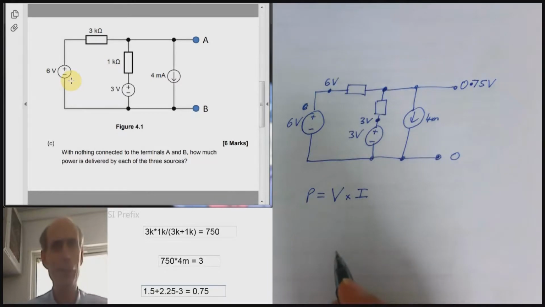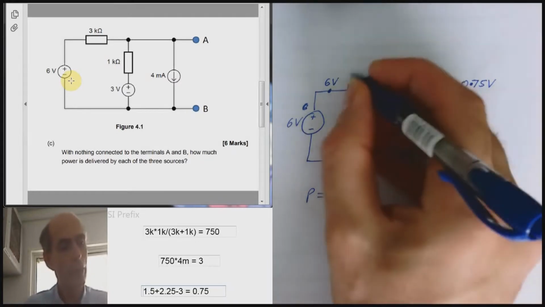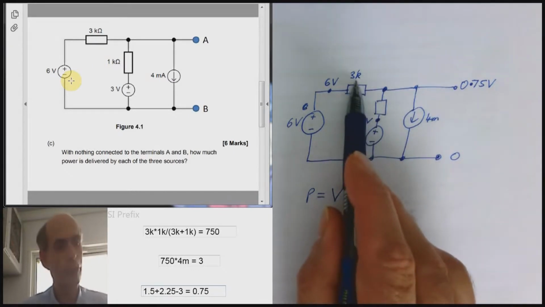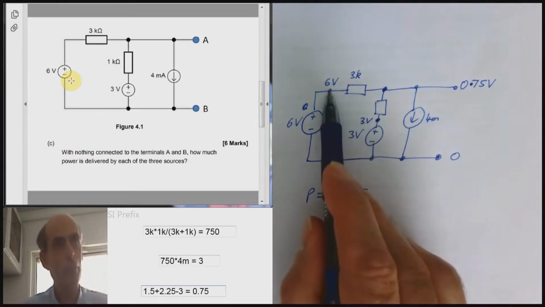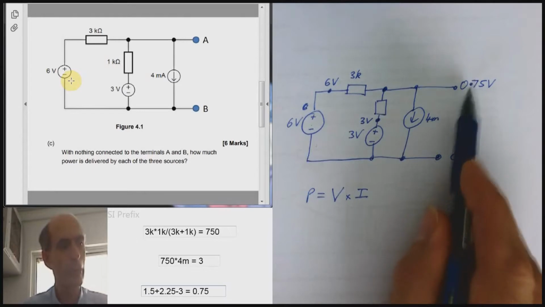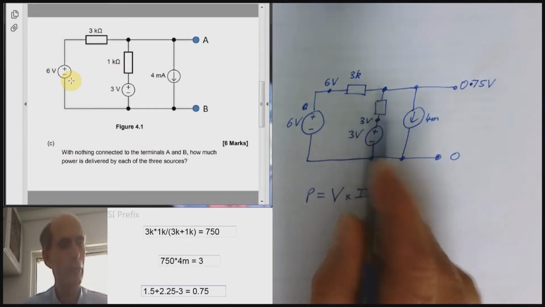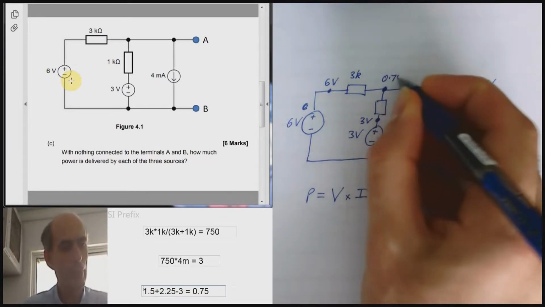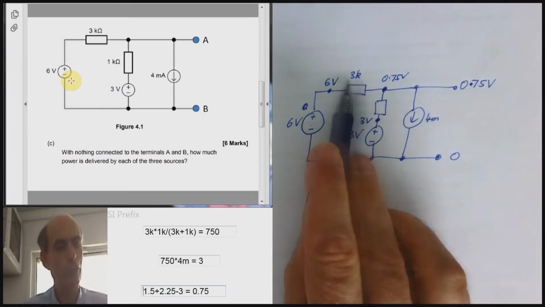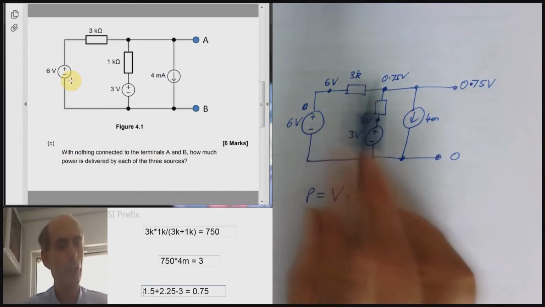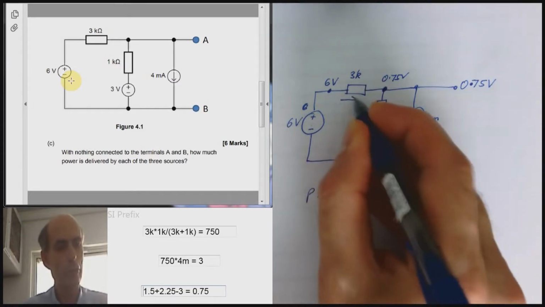What about the currents? Well, this is a 3K resistor. The voltage across this 3K resistor is 6 minus 0.75, because we have 6 volts on this side and 0.75 volts on this side. So I know the voltage across this resistor. I know the value of this resistor, so I can work out the current flowing through this resistor.